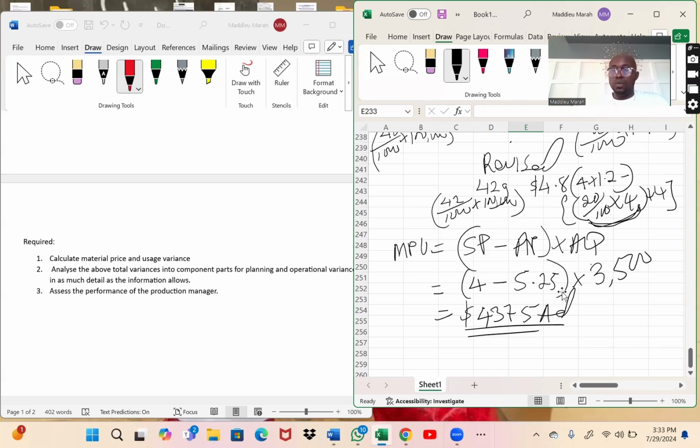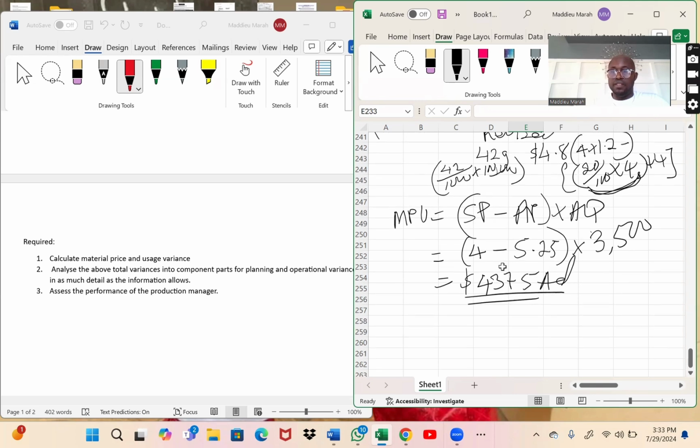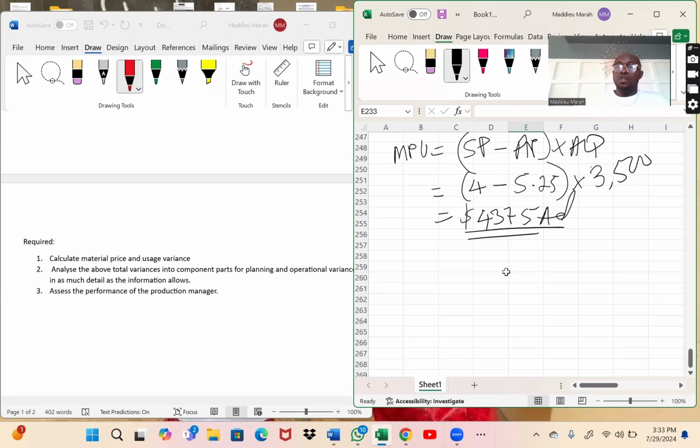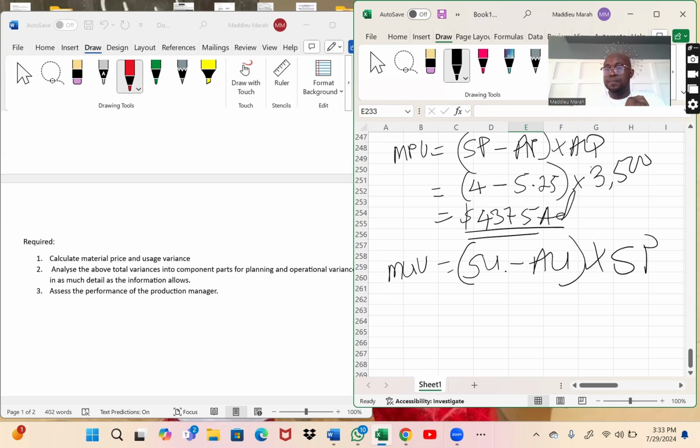Okay. So we have our material price variance, now material usage variance. So our material usage variance will be our standard usage minus actual usage multiplied by standard price.